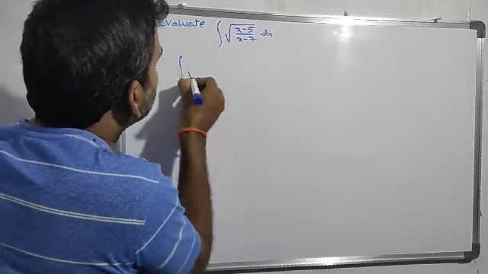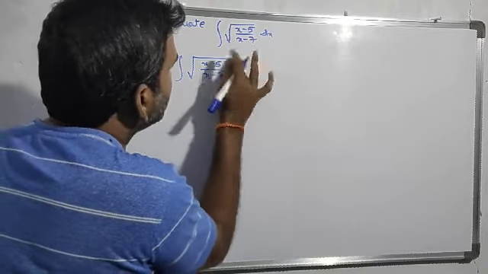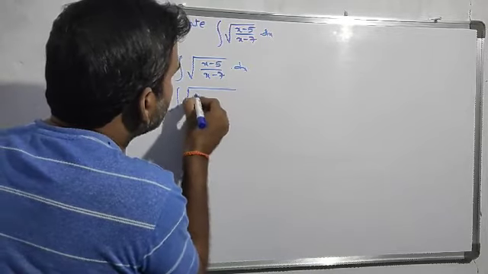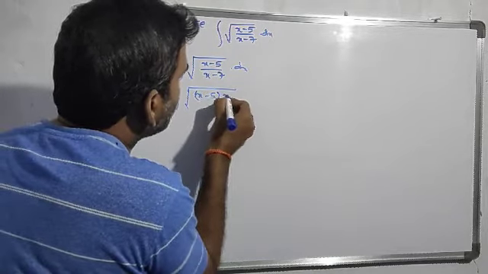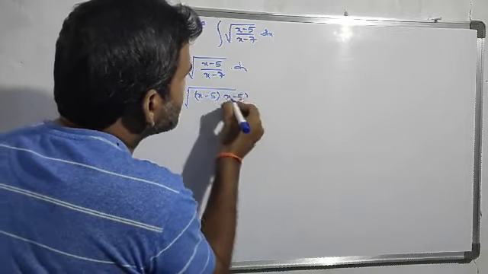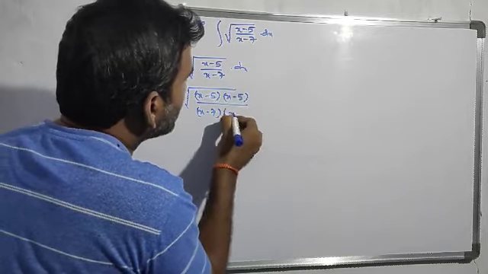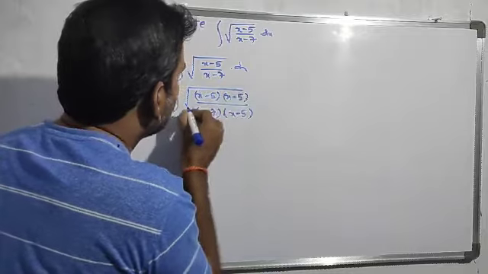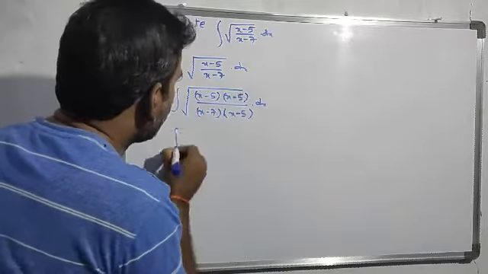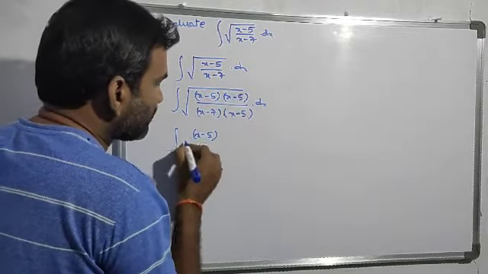First I am taking the square root of x minus 5 by x minus 7, this total, into dx. In the next step I multiply numerator and denominator by x minus 5, so the denominator is x minus 7 into x minus 5. Here you observe that in the numerator we have x minus 5 whole square, so finally I get x minus 5.